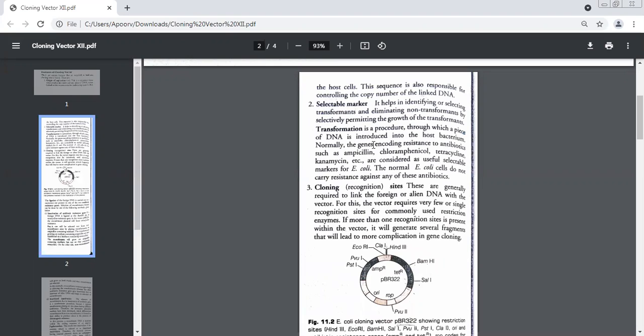Now what is transformation? You take a piece of DNA. This is put in the host. Normally those genes which encode resistance to antibiotics, I talked about this, ampicillin, tetracycline, are considered as useful selectable markers. For E. coli, these genes work as selectable markers very successfully.